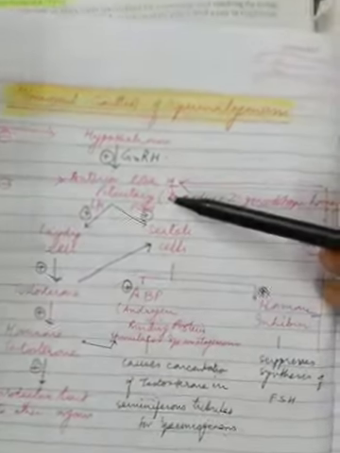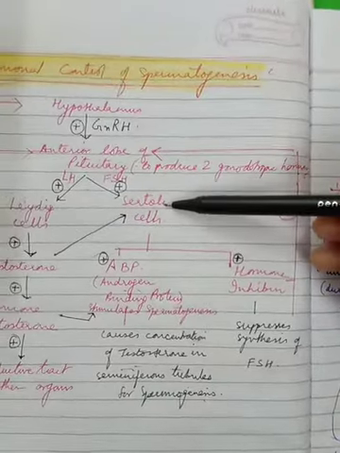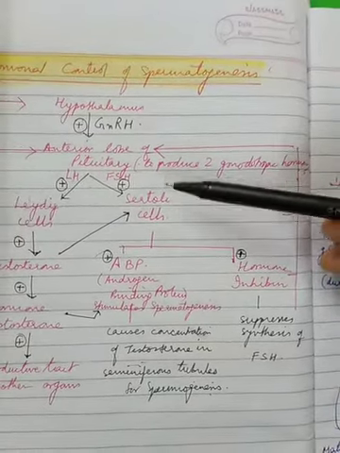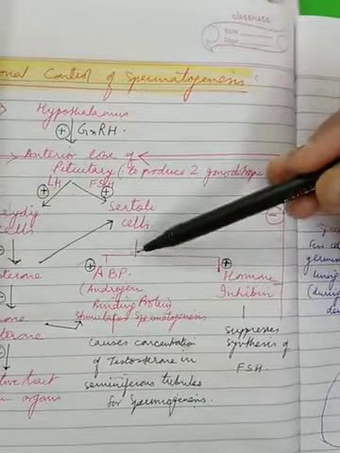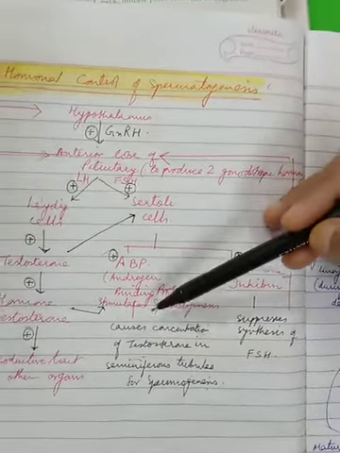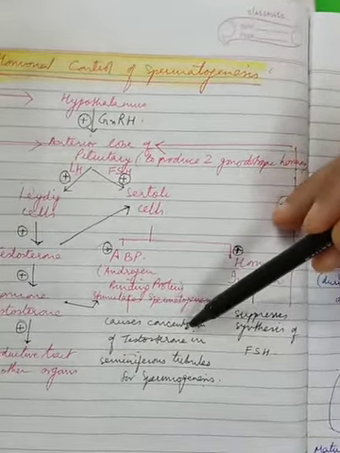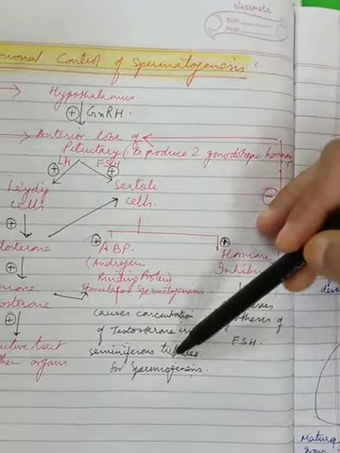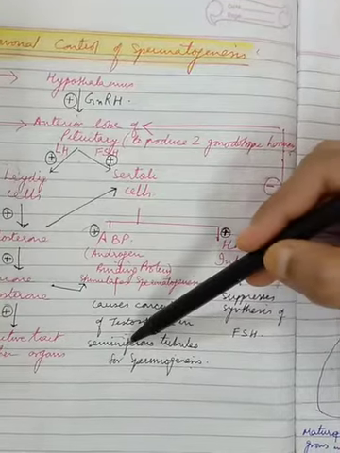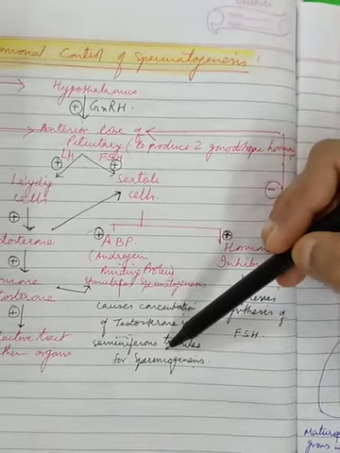Whereas FSH, this acts on the Sertoli cells and stimulates them to secrete two hormones further, ABP or the androgen binding proteins. They cause the concentration of testosterone in seminiferous tubules for spermiogenesis, that is a transformation from radially symmetrical form into polarized structure.